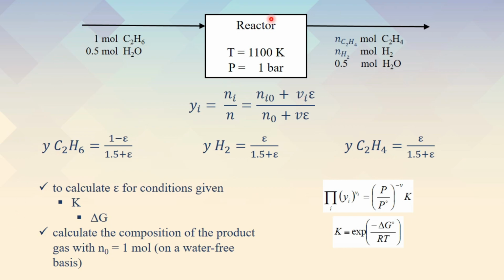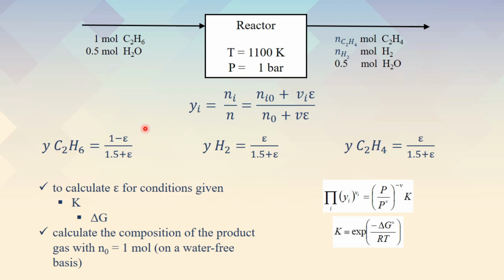So this is the diagram of the process. To solve this question, first we have to calculate the reaction coordinate, or the epsilon, of the conditions given, meaning that we have to generate these equations from this formula with N naught equal to 1.5 mole, which is 1 mole of ethane plus 0.5 mole of water.